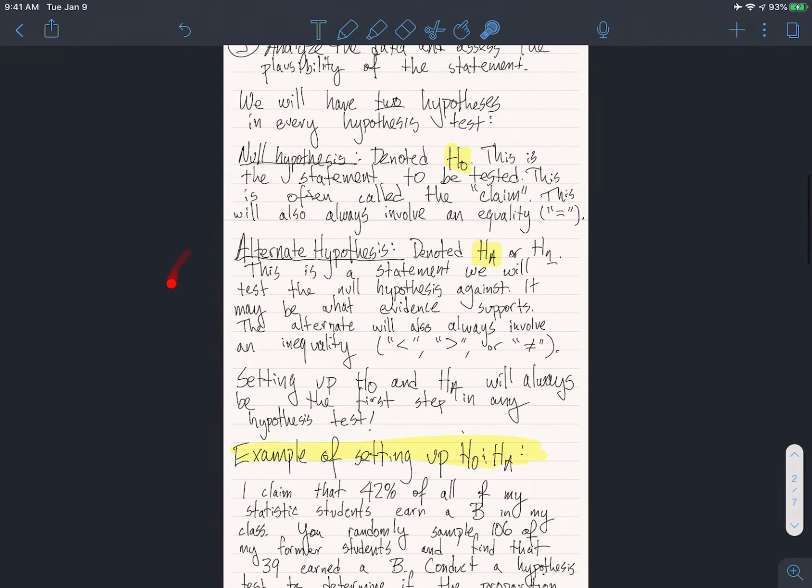And then also the alternate. What do you believe? Well, I actually believe that less than 42% of people pass your class, Nick. I believe that more than 14% of people smoke. Or I believe that the average salary at this company is different from the $50,000 you claimed.